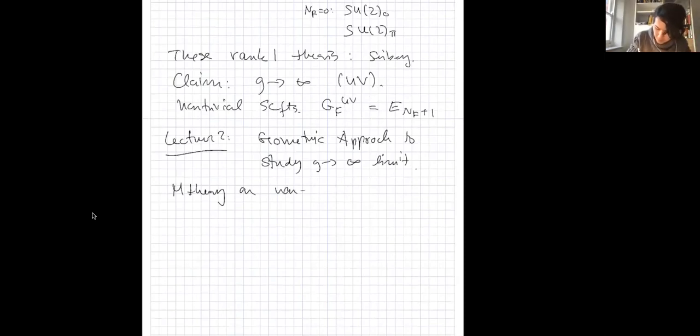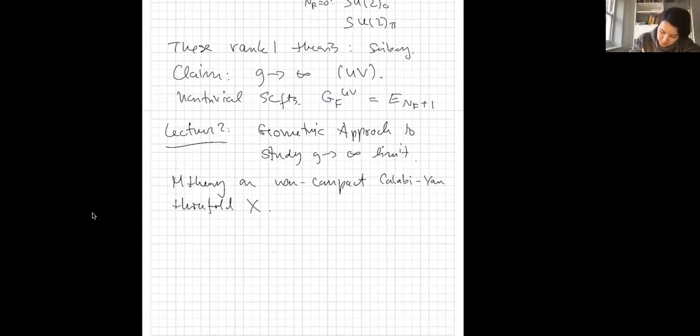So it's a non-compact Calabi-Yau threefold X. And in fact, the advantage of this framework, we'll see, is that it models both the Coulomb branch phase or the extended Coulomb branch phases, but also interpolates to g goes to infinity.